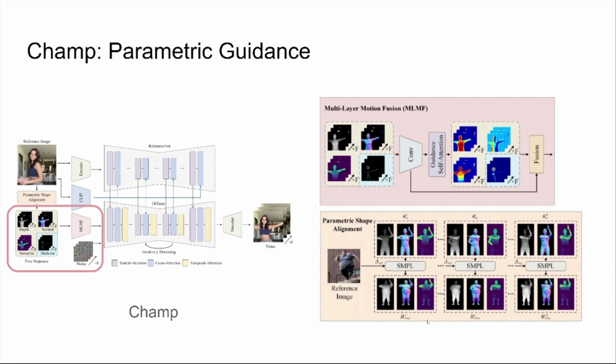Yeah. Okay. So finally, what Champ did is just change the pose guider to what they call multi-channel input. How they apply this is pretty similar, with just a few simple tricks.